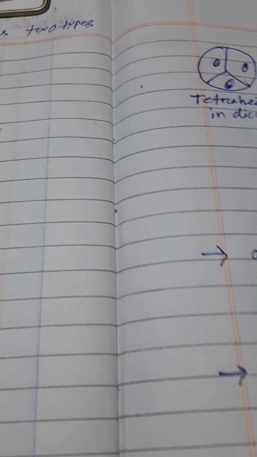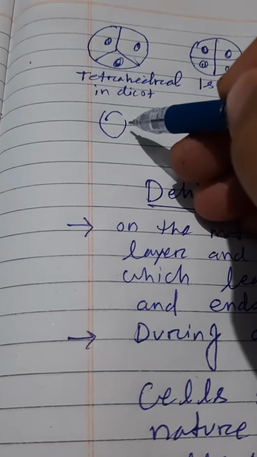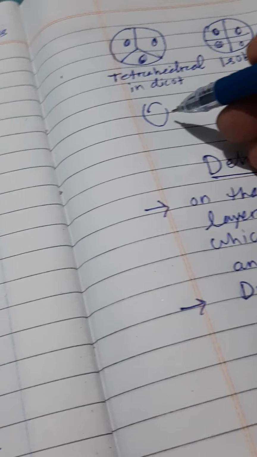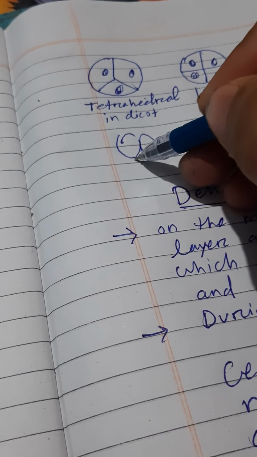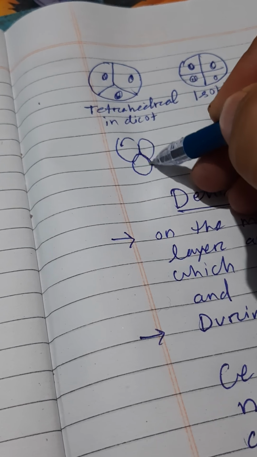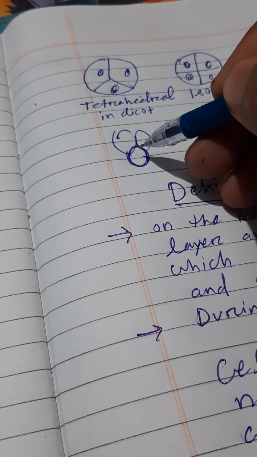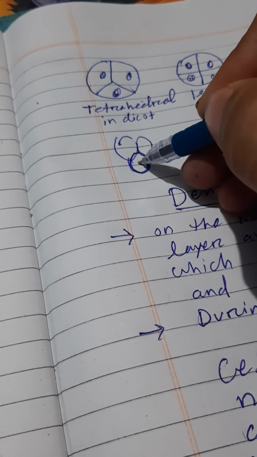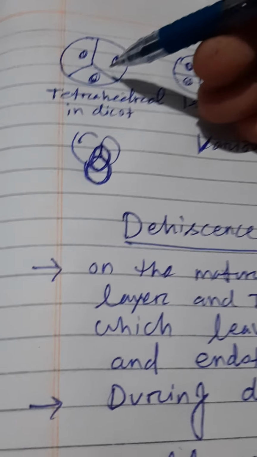I am drawing the diagram here. Actually, what happens is that the microspores are arranged in this manner, and onto the back side another microspore is present. That's why it looks like this.